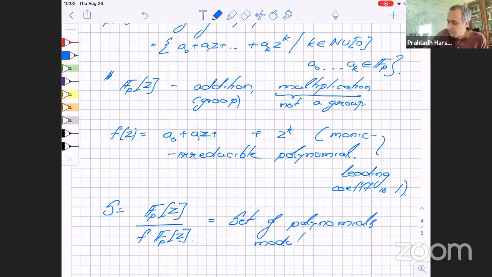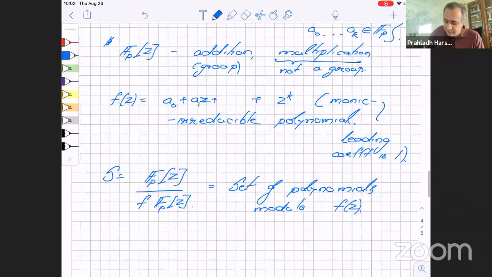You take any polynomial and just go mod f(z). Once you go mod, the only possible remainders are polynomials of degree at most k minus 1. Therefore the size of S is exactly p^k. All the polynomials of degree up to k minus 1 occur in it, and everything else gets reduced to one of these.